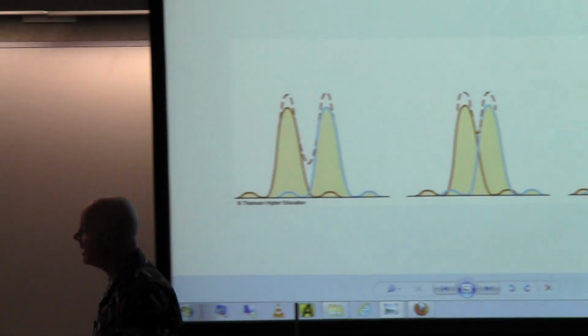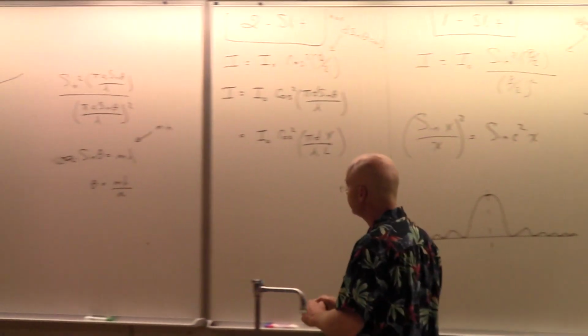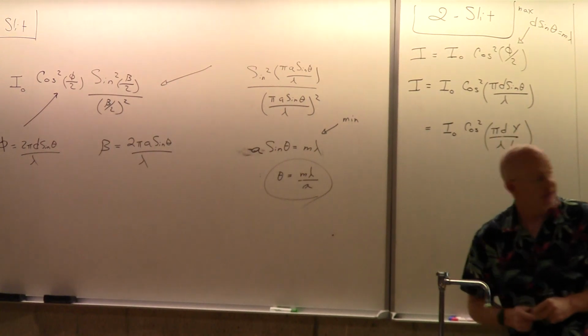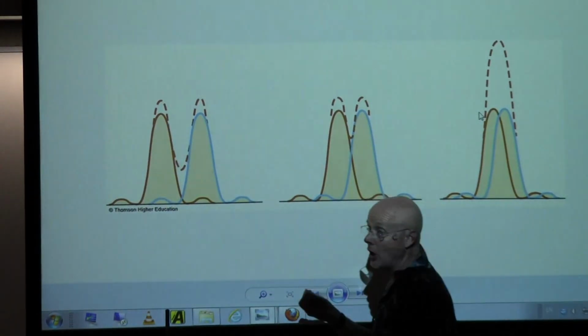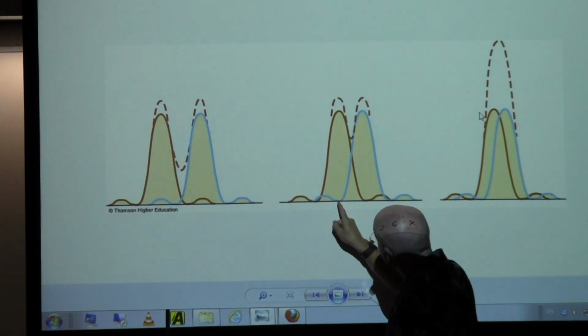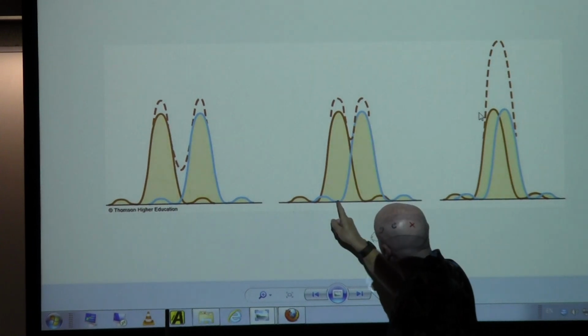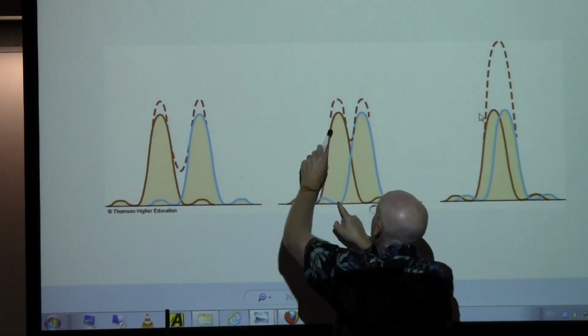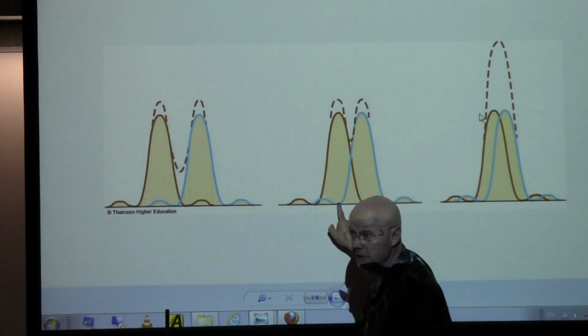So here's what we like to say in general. In general, they need to be at least this far apart. That is, if you want to resolve this image, you need to make sure that the minimum from one of them is right at the maximum of the other.